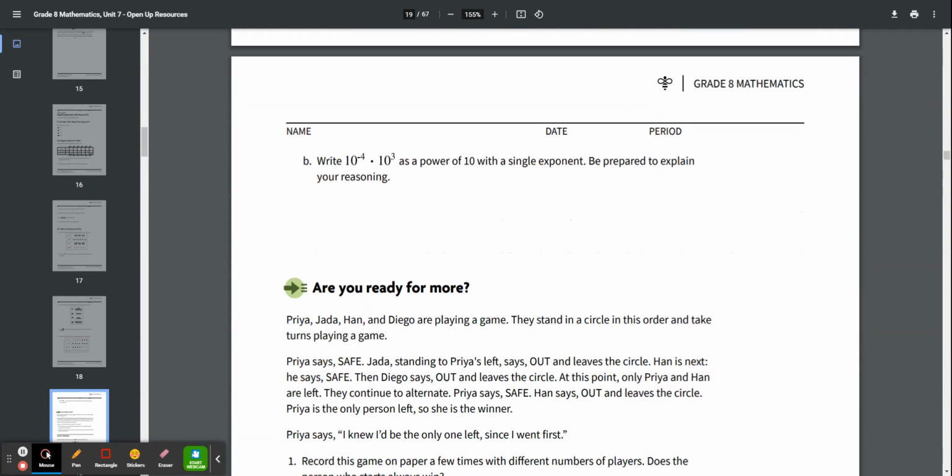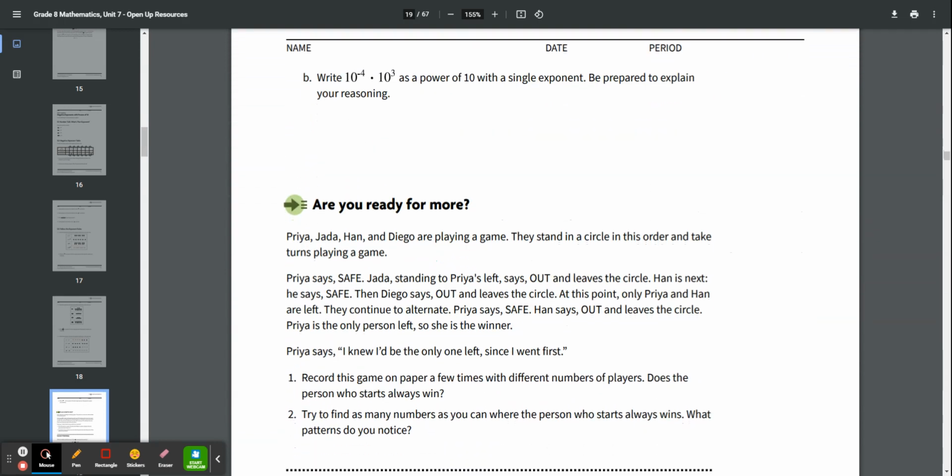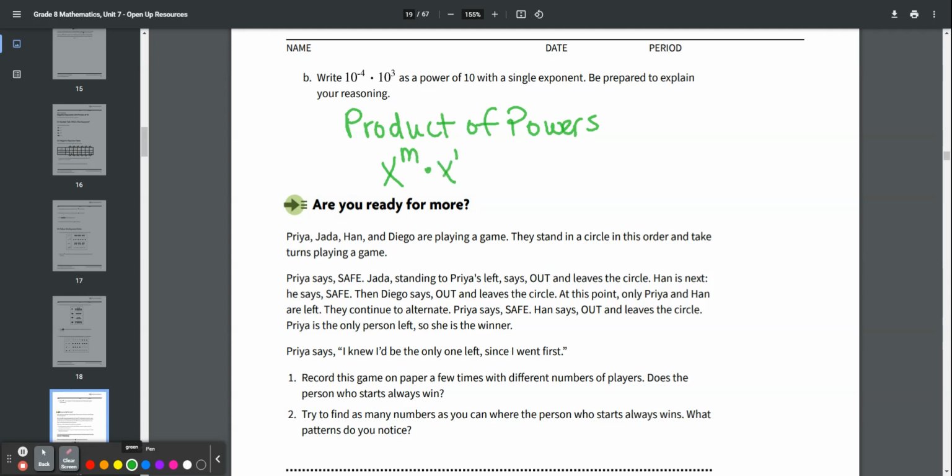So with all that, we can take our little, not necessarily shortcut, but our exponent rule of 10 to the -4th times 10 to the 3rd, product of powers. Which says that if I have 2 powers that I'm multiplying together, they are equal to the base with the sum of those exponents, because they have the exact same base.